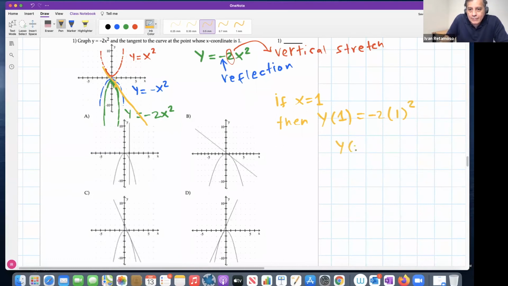So y evaluated at 1, the partner of the input value 1, should be just minus 2. So 1 goes with negative 2. Here, 1 doesn't seem to be going with negative 2. Look, this is negative 2. But in this one, yes, this guy is going with this guy, negative 2 right there.